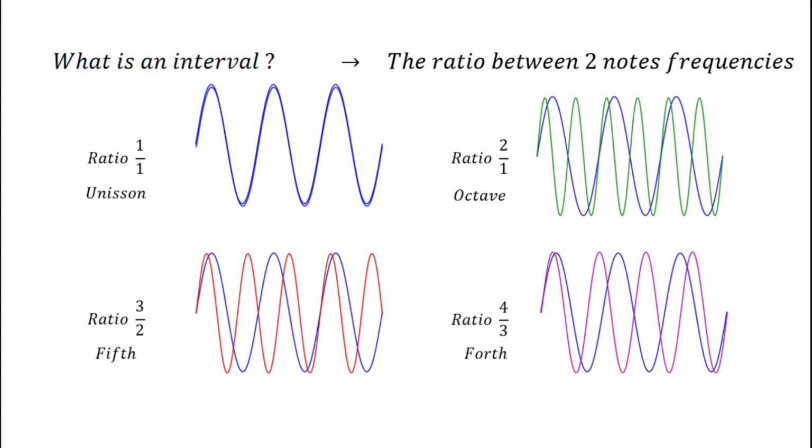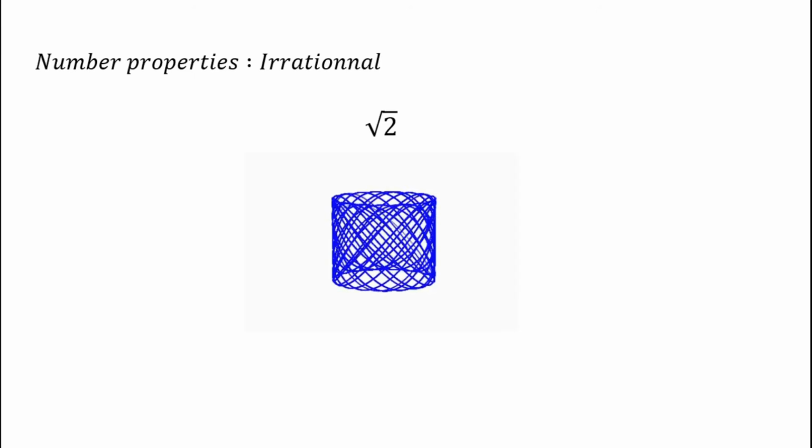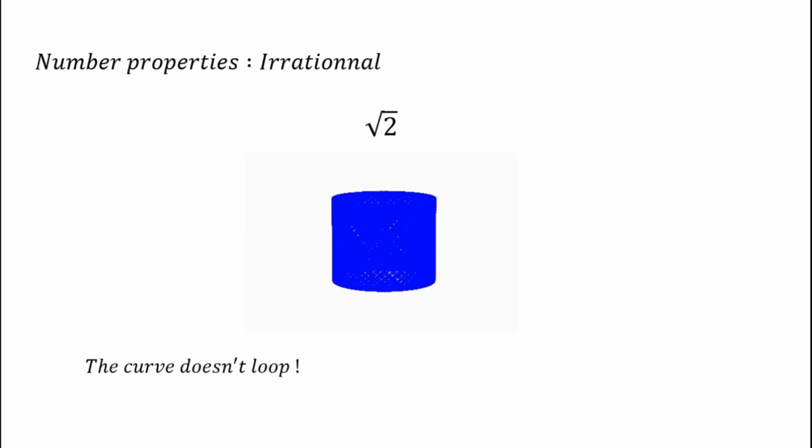And that means that rational numbers can be expressed in terms of fractions. Now let's see what happens if I draw a square root of 2 ratio for Lissajous curves. As you might have guessed, the curve never closes.